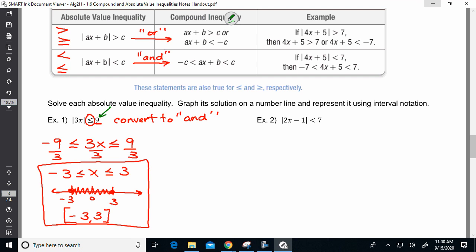It can be 0, it can be any positive number, but it can't be negative. So this green must be 0 or positive. Any other questions? Example 1.